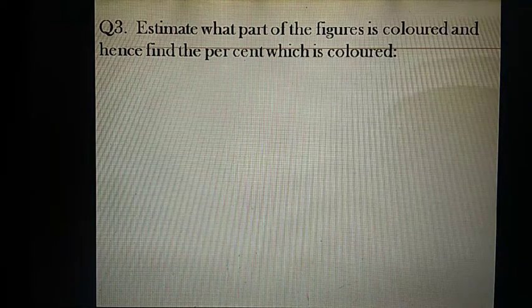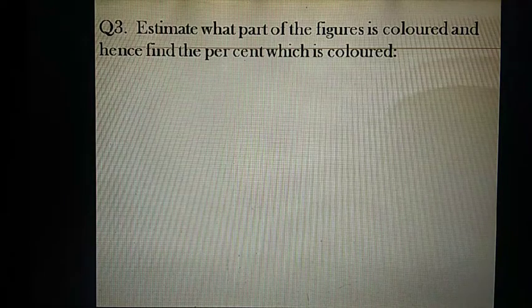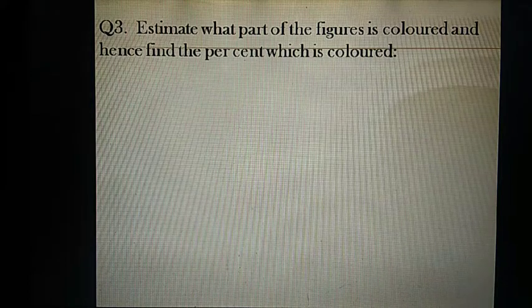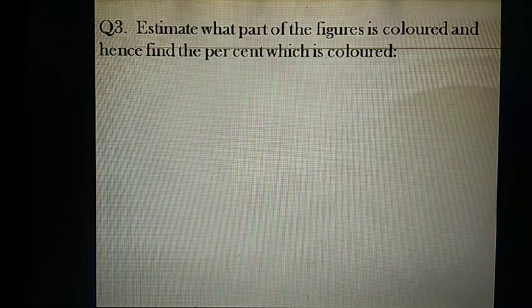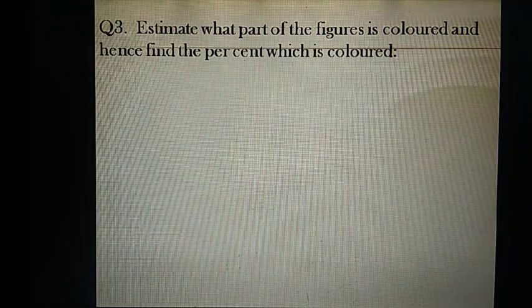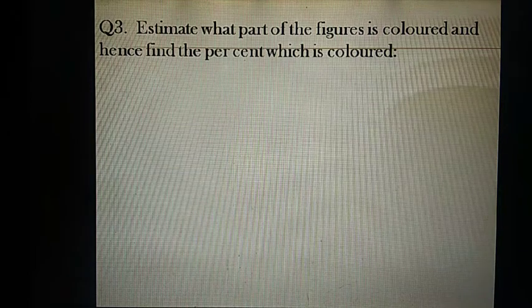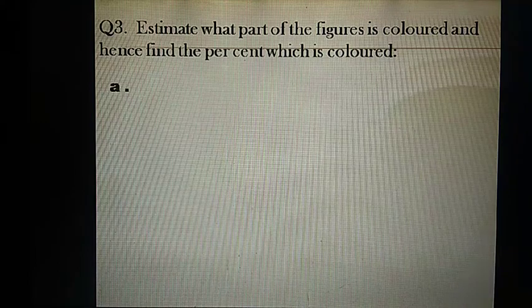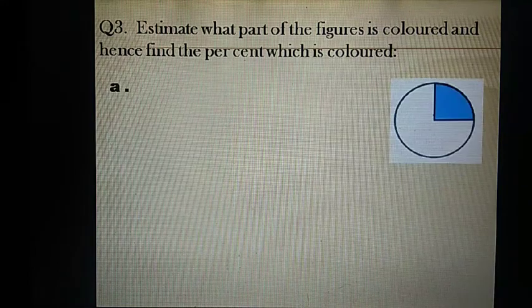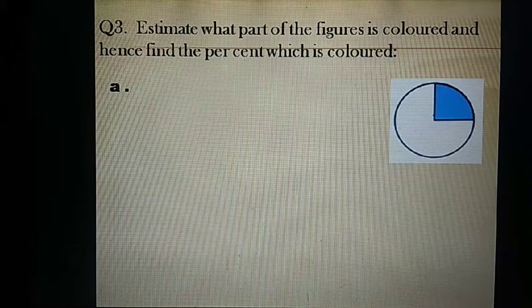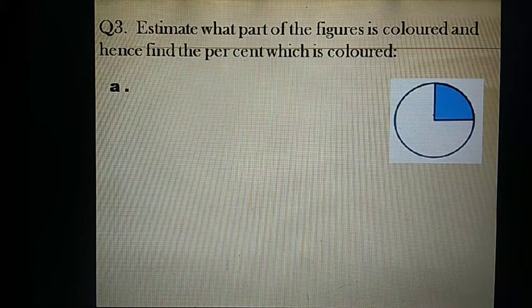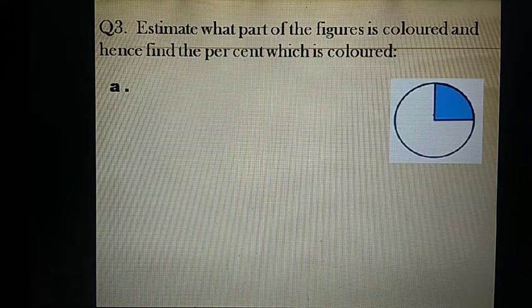Question number 3. Estimate what part of the figures is colored and hence find the percent which is colored. First, you have to figure out the colored part and then you have to convert it into percent. Here, we can say that this figure is divided into 4 equal parts, and out of 4 equal parts, only one part is shaded.